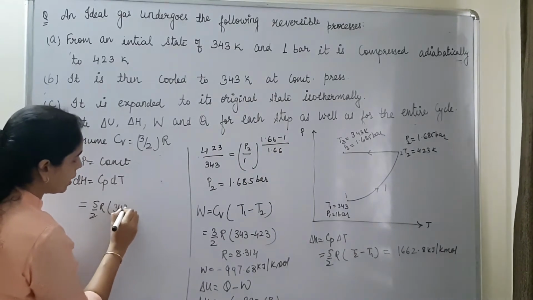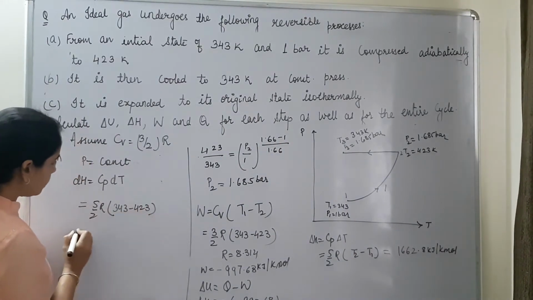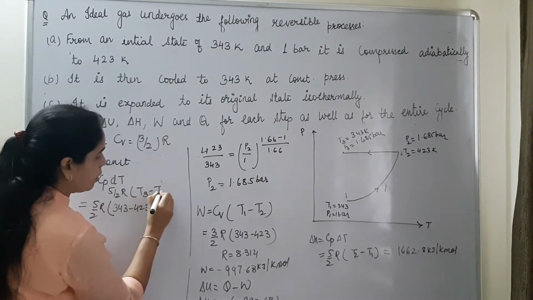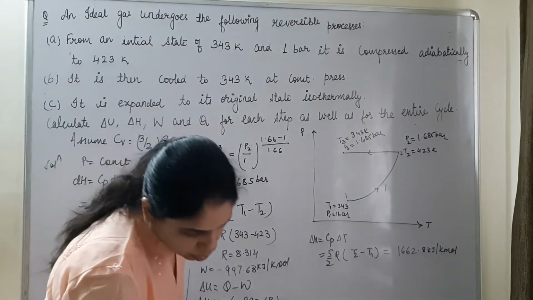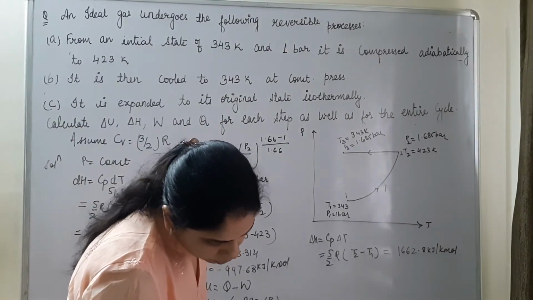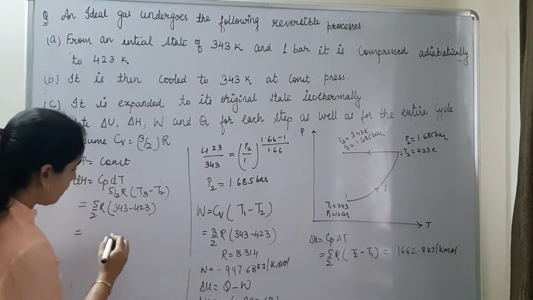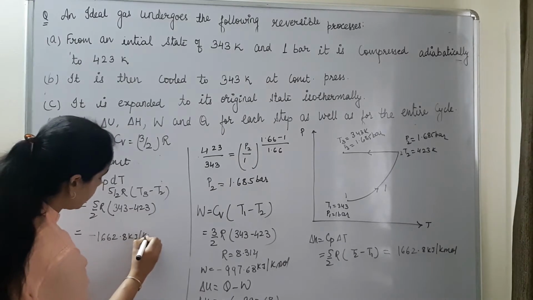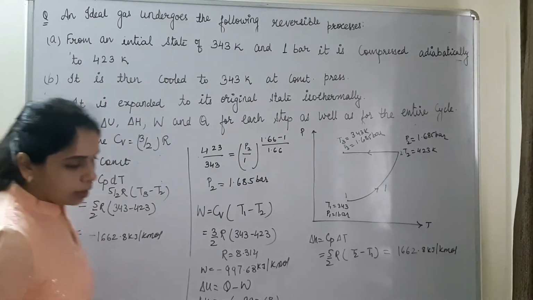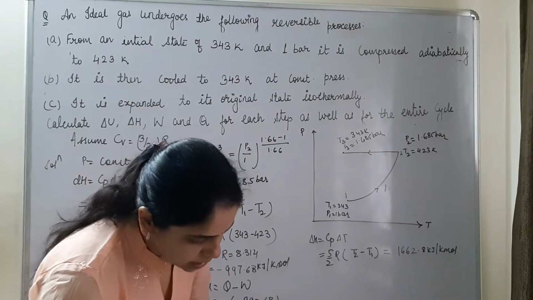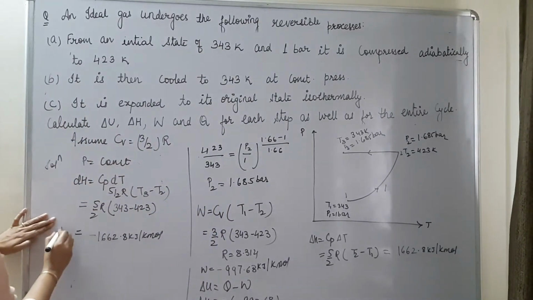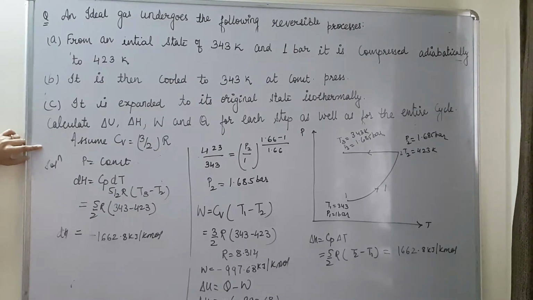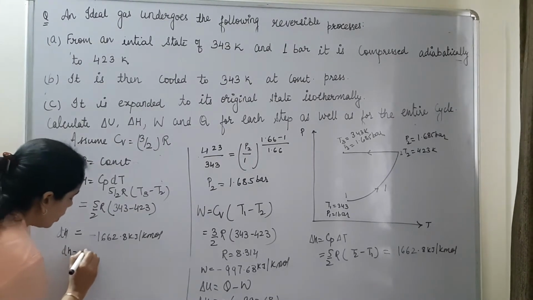So 343 minus 423, and R is the gas constant, and the answer for this is minus 1662.8 kilojoule per kilomole. Now next, we know that for the constant pressure process, dH is equal to dQ.